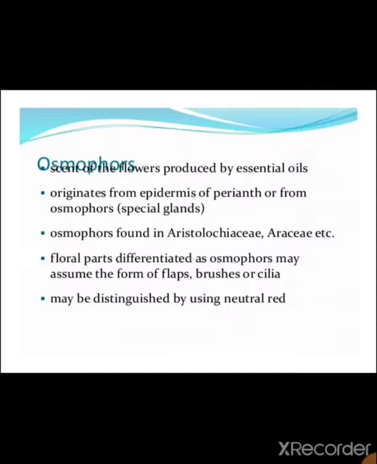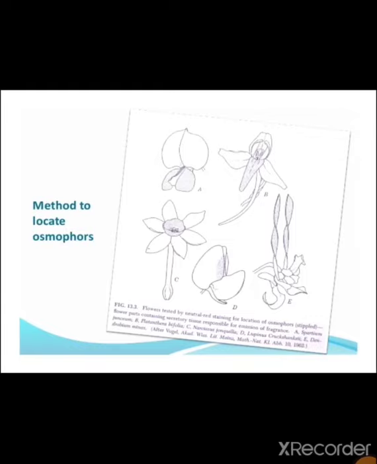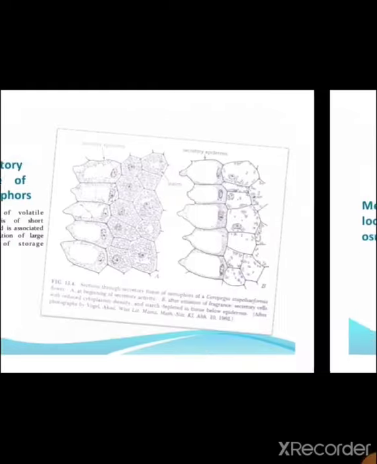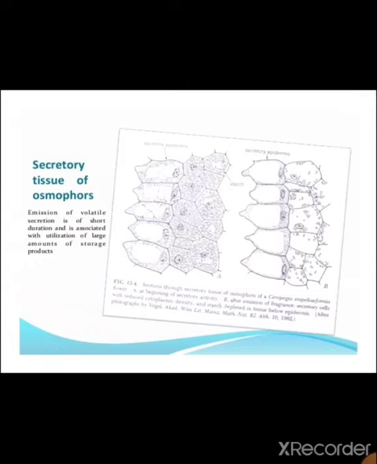These structures are found in Aristolochiaceae and Araceae. The floral part differentiated as osmophores may assume the form of flaps, brushes, or cilia. They may be distinguished by using neutral red. These are some methods to locate osmophores. Secretory tissues of osmophores.